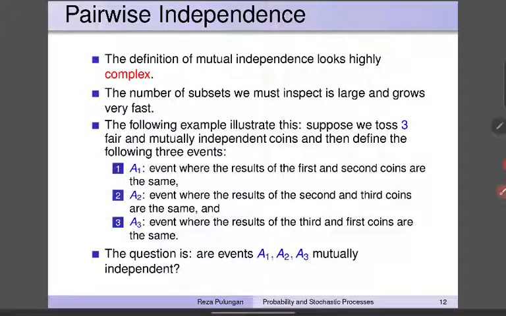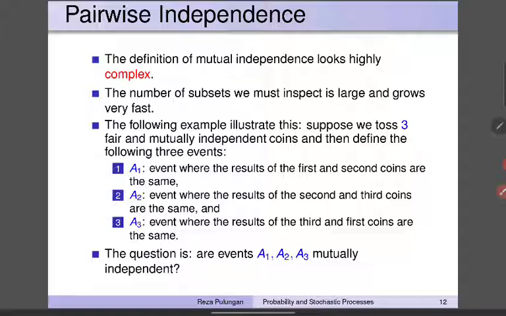Now, the definition of mutual independence that we have seen looks highly complex and involves many conditions. Like previously, I have already explained that the number of conditions also grows exponentially, 2 to the power of n minus n minus 1.